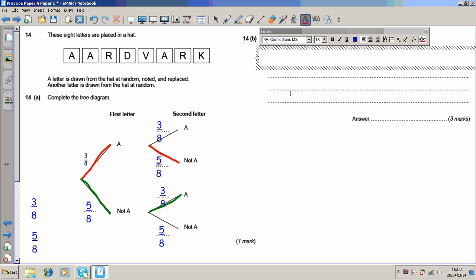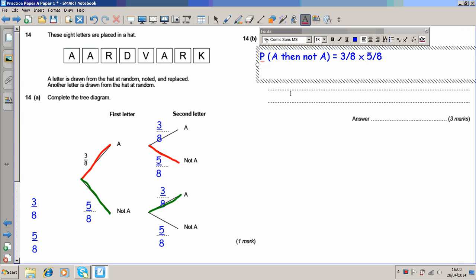Okay, so the probability of A then not A, i.e. your red line, is 3 over 8 times 5 over 8, which you work out by times-ing your numerators, 3 times 5 is 15, and times-ing your denominators, 8 times 8 is 64.